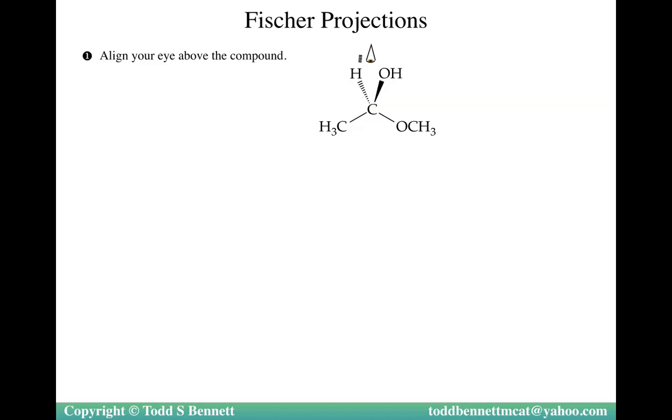Okay, a few rules about drawing Fischer projections. When you look down on it, you want all the carbons to stick up like this. So, for instance, this molecule is simple enough because there's one central carbon with two groups coming off it, so it's easy to see.